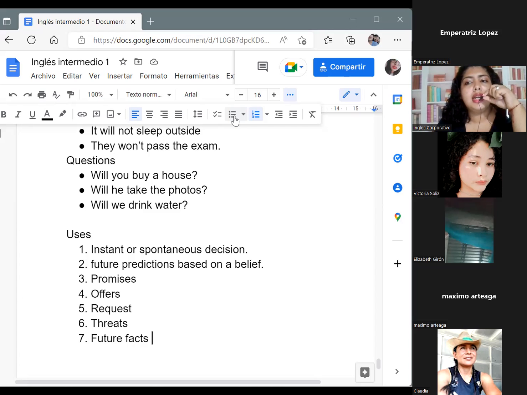You can use it in negative, or you can use it in positive, or you can make questions. I mean, two positive sentences, two negative sentences, and two questions. And I will write the list here.